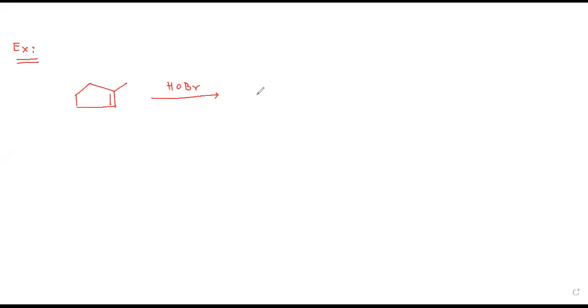Now the products formed are going to be, look at this. See, as such, this double bonded carbon has less number of hydrogens. So the negative part goes and gets attacked there, and the positive one attacks here, right?